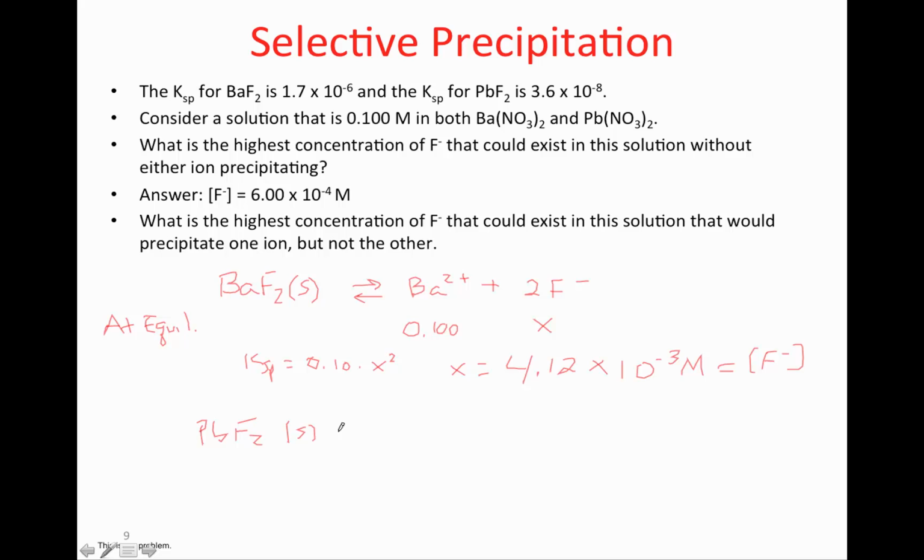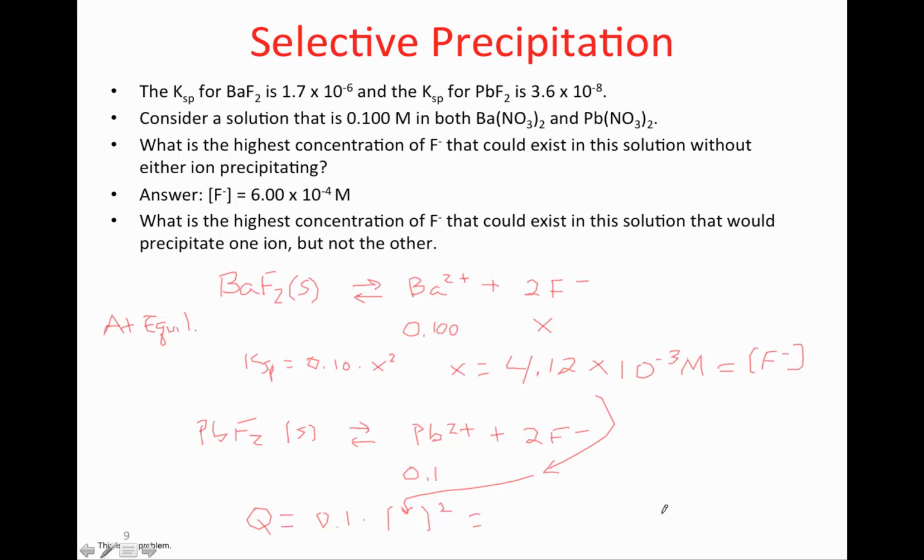So I've got lead fluoride in equilibrium with Pb2+ and 2F-. I've got 0.1 molar here. The concentration of the fluoride is going to be this right here. Let's calculate a Q value. Here we don't know whether we're at equilibrium or not, so I get 0.1 times this value right here, squared.